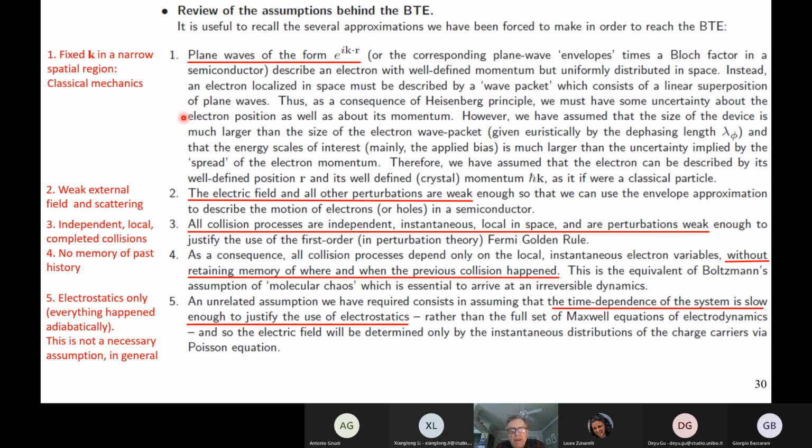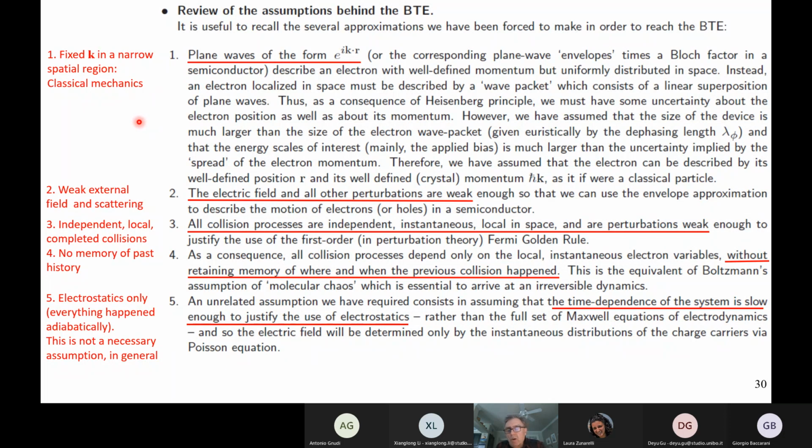So the idea is that electrons are described as wave packets, strictly speaking. These packets, however, are localized spatially over a distance which is much shorter than the size of the active region of the device. And in terms of momentum space, their broadening in momentum or in energy is much smaller than the typical energies that we have in mind.